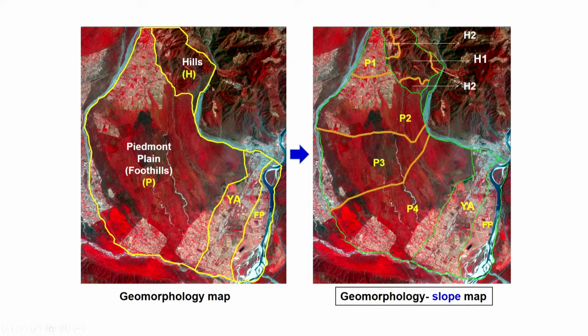Suppose hills has been divided into two categories, H1 and H2, meaning steep slopes and moderate slope. Foothills is divided into three, four classes. Then you complete the second level of information, topography.